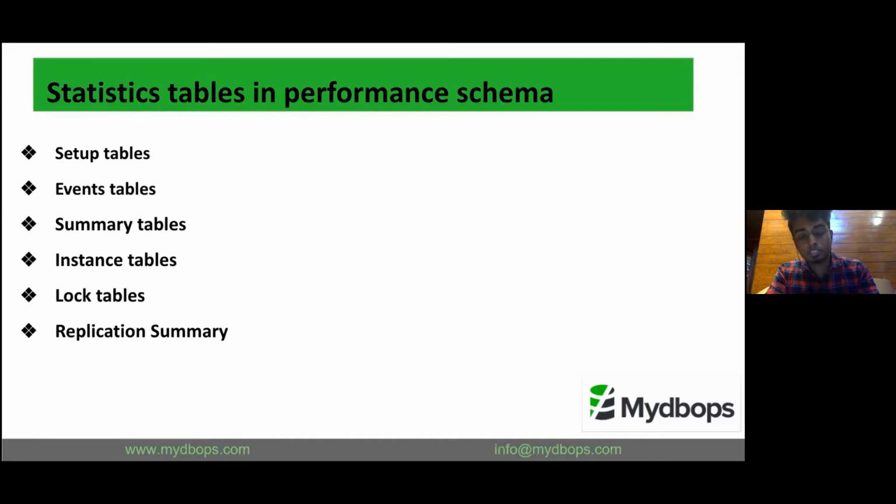The setup tables, as I said, consist of consumers, events, threads, etc. The events tables consist of the events performed in the consumers, and the summary tables consist of a summary of the total MySQL, even at table level.